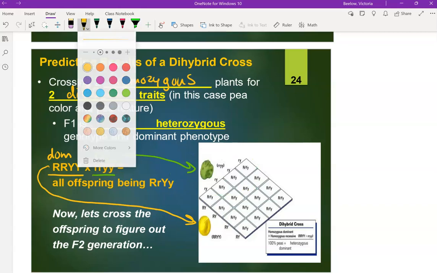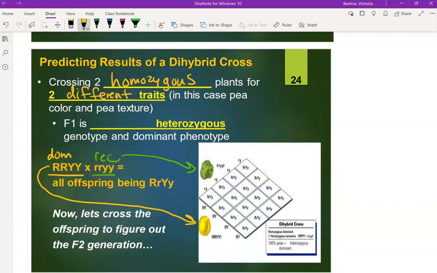If we cross them together, the F1, the first filial or first generation, these offspring in here, are all going to be the same. They are all heterozygous for both traits.